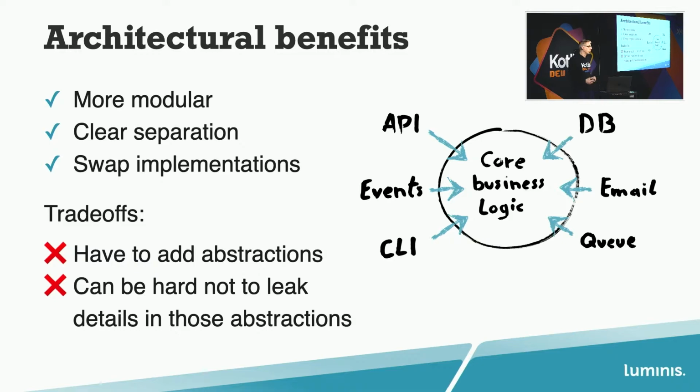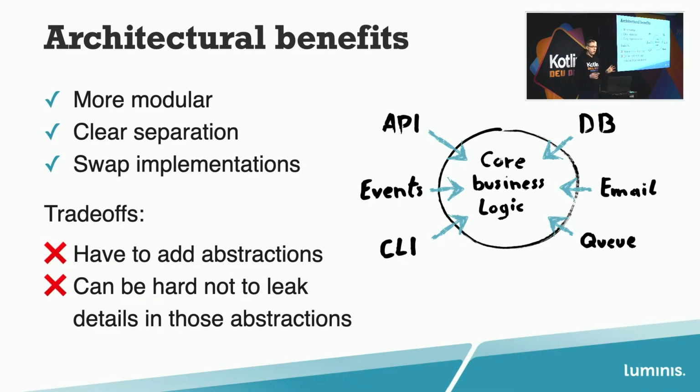There are some trade-offs, though. So it means that you have to create those abstractions, right? You have to create these interfaces, and it's often quite hard to not leak details of the specific database you're talking to in this abstraction. And obviously, if it's leaking those details, it's harder to swap it out later on.